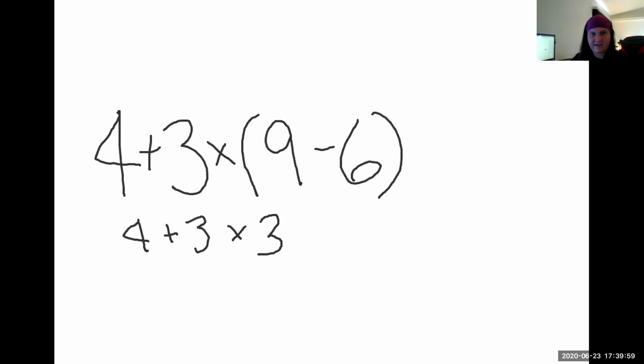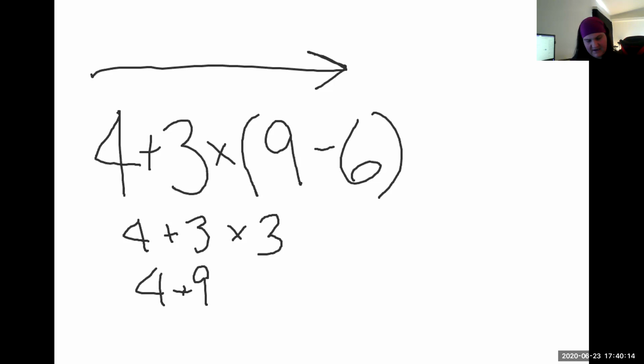Well, again, if we're going from left to right, we would do the addition first. But because we're following the order of operations, we need to do this multiplication part first. So 3 times 3 is 9. 4 plus 9 equals 13.